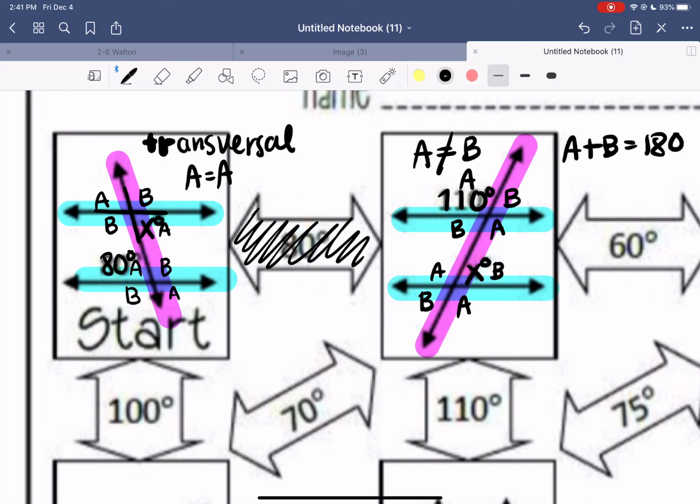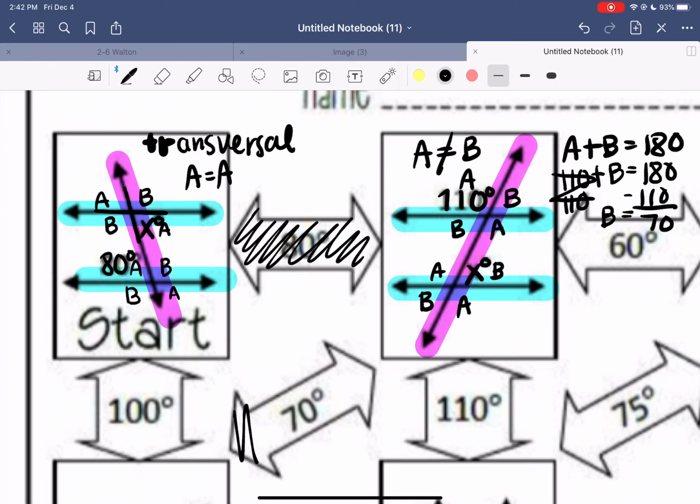So if I have 180 and I know that A is 110, I don't know B, what I can do is subtract 110 from both sides and get B equals 180 minus 110, which is 70.